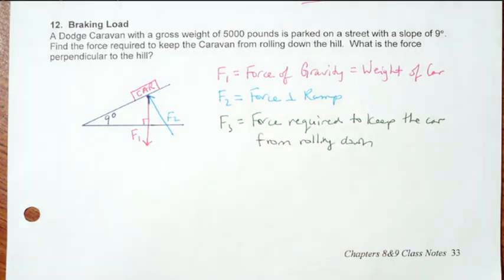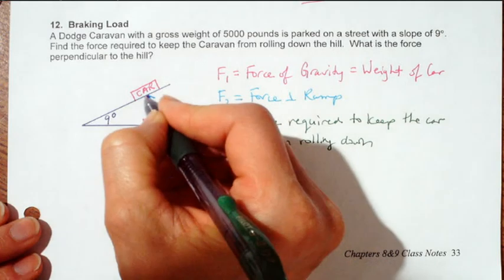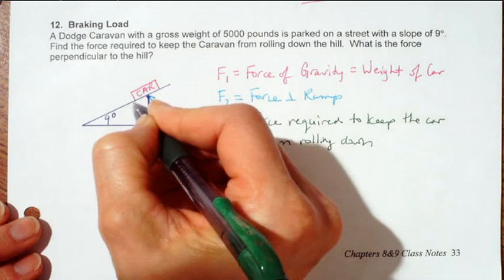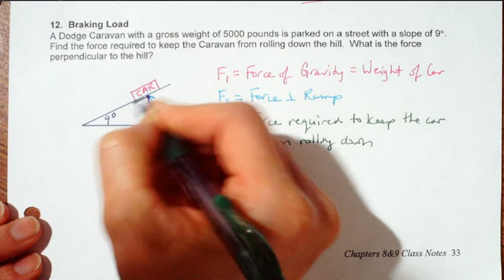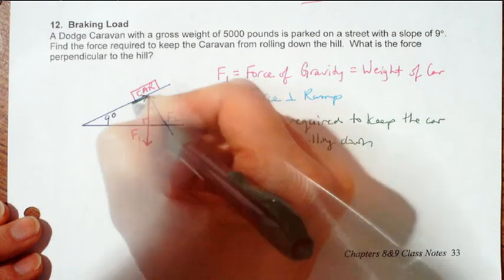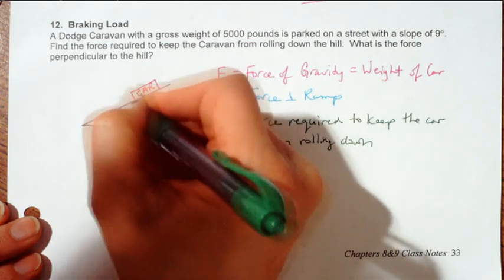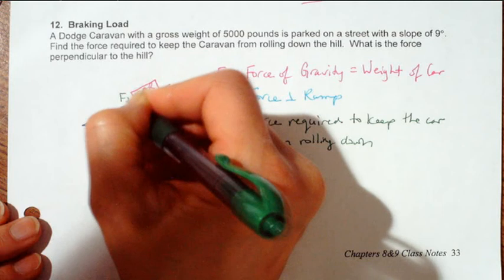So I'm going to represent that up here. When it goes down, that is what makes it roll down, so I'm going to make it go in the opposite direction. So it's going to go this way. This green vector right here is my F3. I'll just say F3 here.